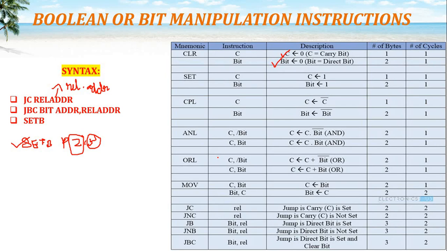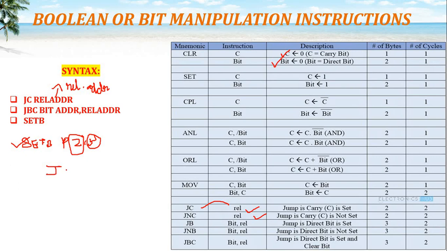If I'm going to use JC relative address, I'm going to jump to my address if carry is set. For all those things, you follow the same addresses. JC relative address, and JNC is jump if carry is not set. If carry is set, I need to jump to a particular address.